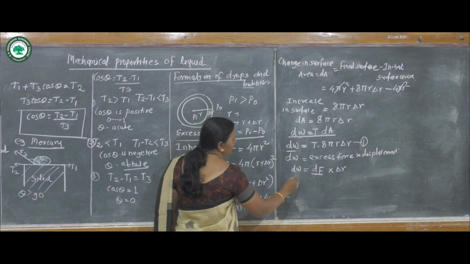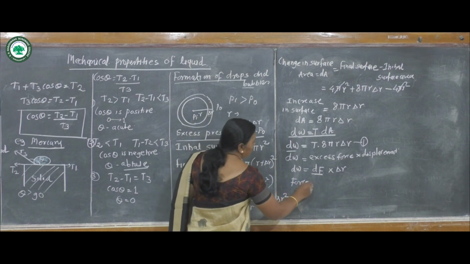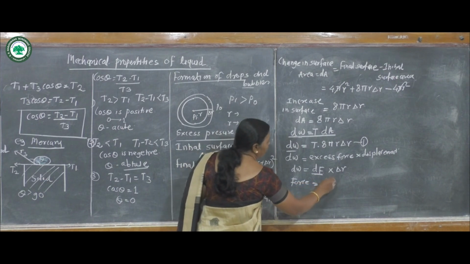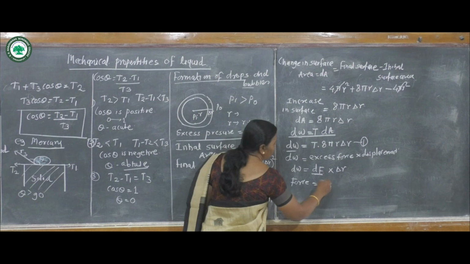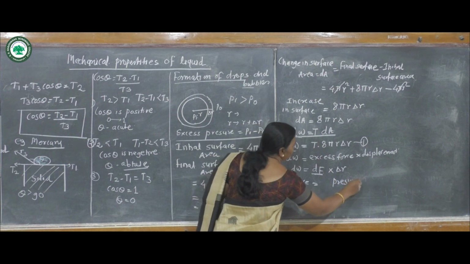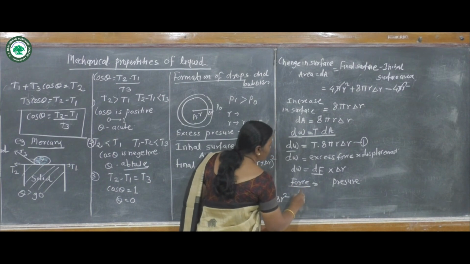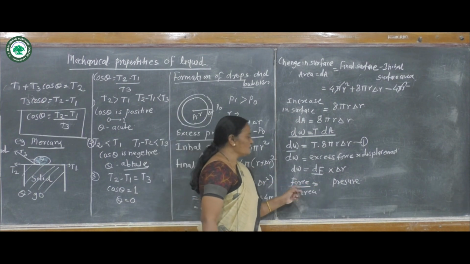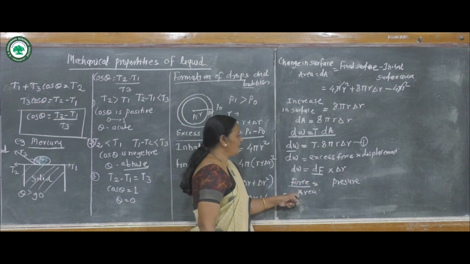We can find the pressure here. We know the formula: pressure is equal to force per unit area.